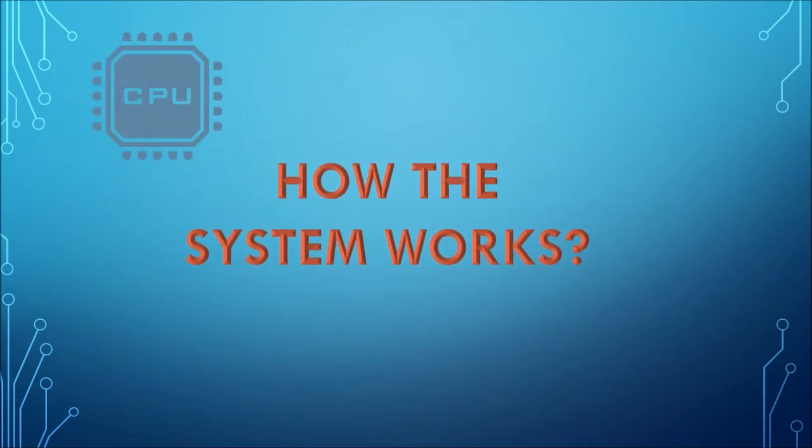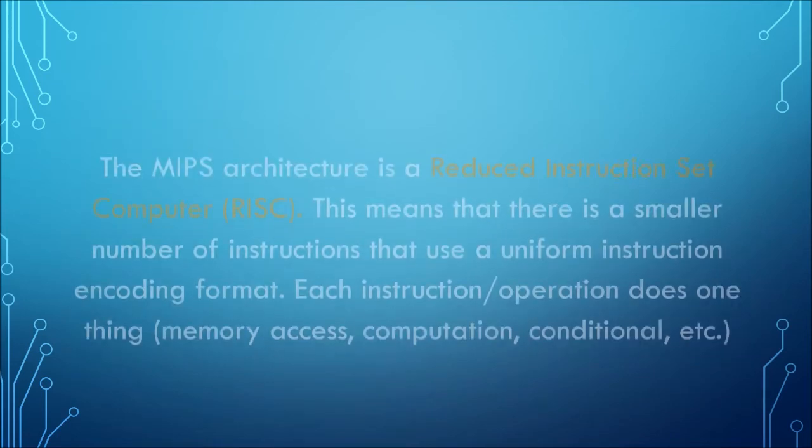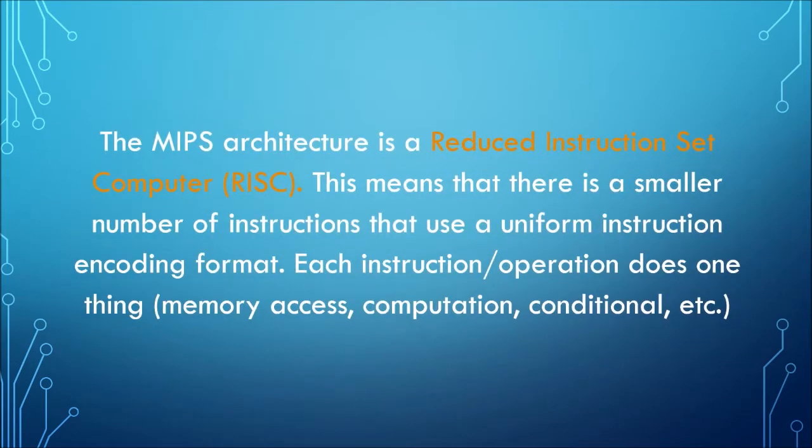How the system works. The MIPS architecture is a reduced instruction set computer. This means that there is a smaller number of instructions that use a uniform instruction encoding format.